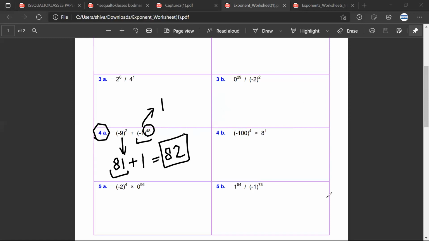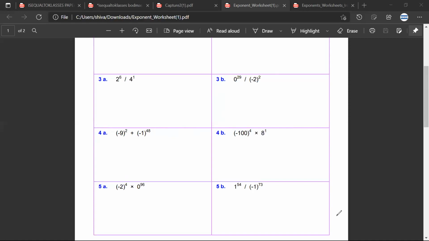See, I'll suggest to do these 3 PDFs again. These are very good PDFs. What would be the answer? So, 100 into 100 into 100 into 100.